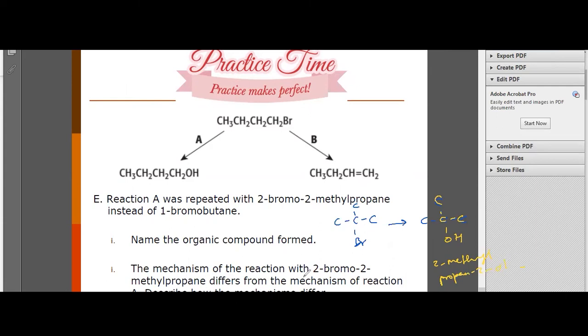The mechanism of the reaction with 2-bromo-2-methylpropane differs from the mechanism of reaction A. Describe how the mechanism differs. This is through an SN1 reaction. You can describe it like this: SN1 reactions are when the C-Br undergoes heterolytic fission to form a carbocation intermediate. Then the nucleophile attacks this position, and then the product is formed.